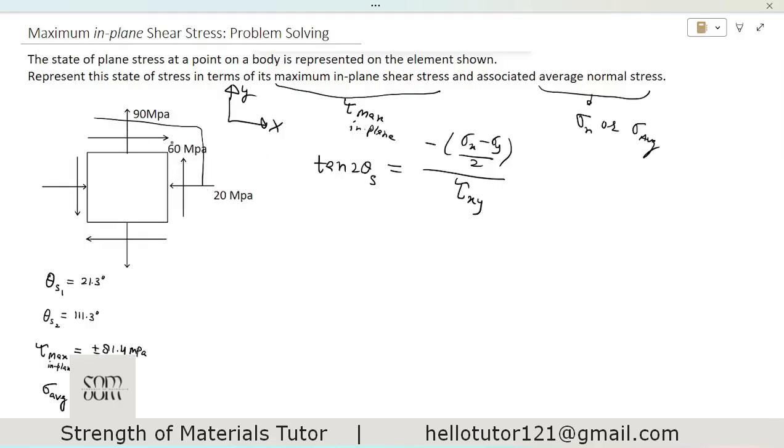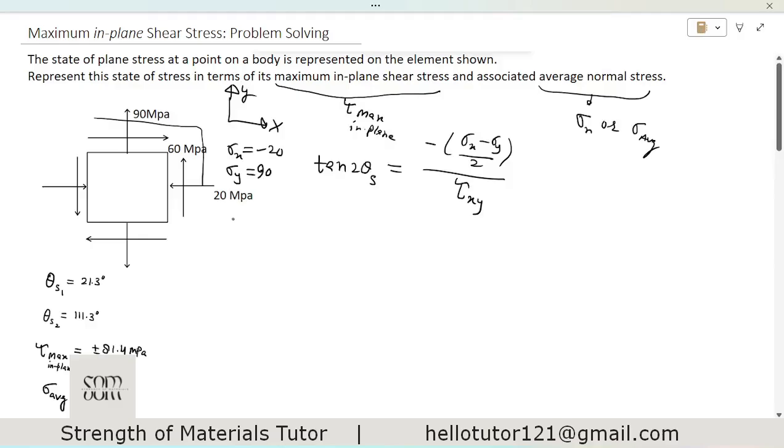So sigma x is, this is the sigma x, but it is opposite, so it is negative. 20 is the magnitude, 20 megapascal. Similarly sigma y, we have the same direction, so it is positive, so sigma y is 90 megapascal.